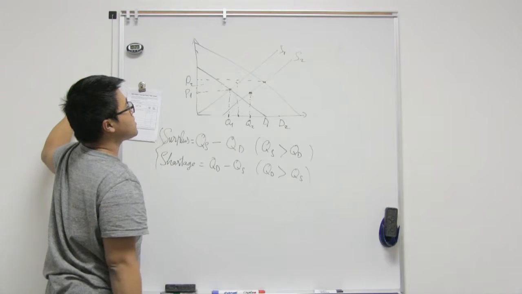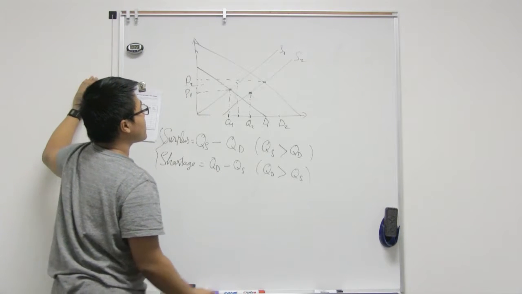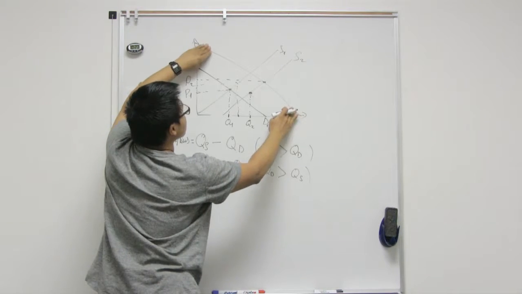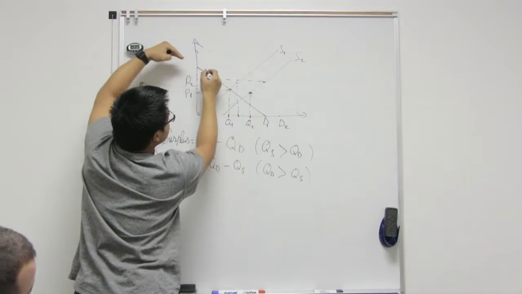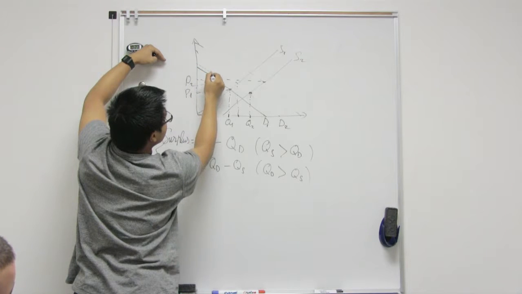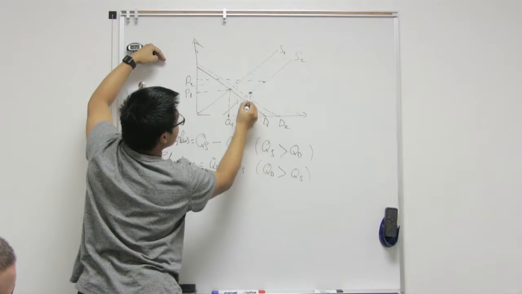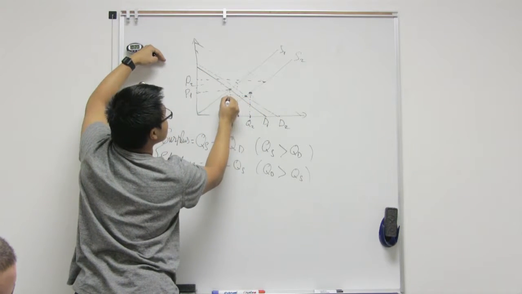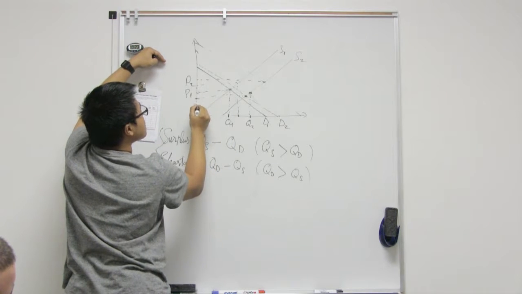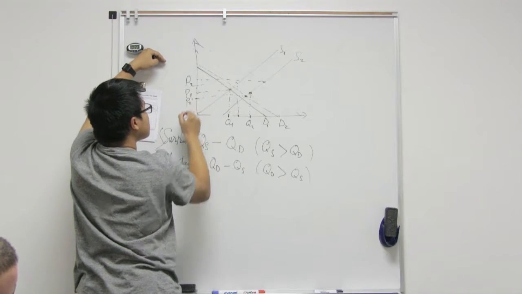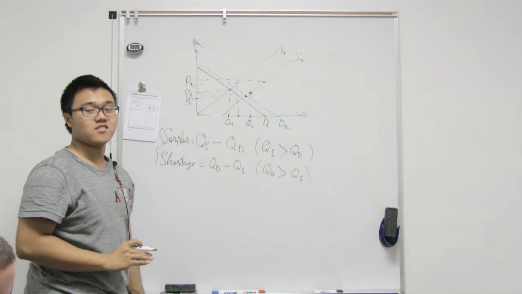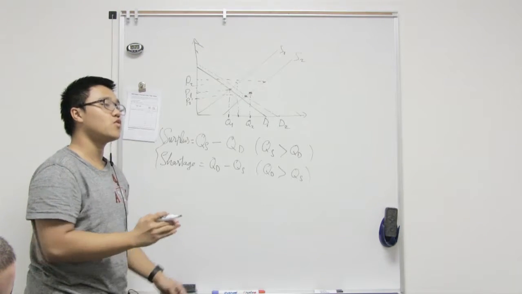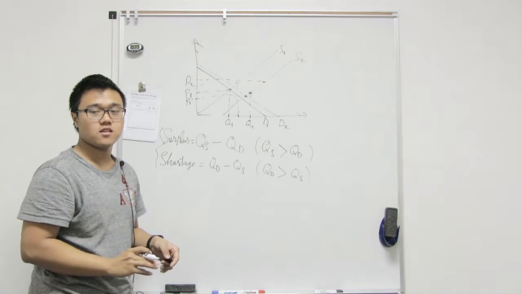But if the demand just shifts a little bit, from here to down here, then the price would decrease. So it depends on both the supply and demand, how they shift.